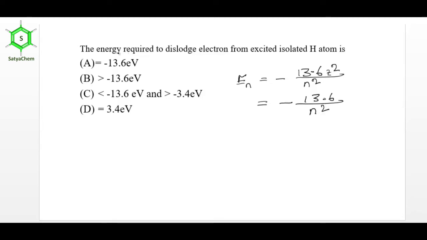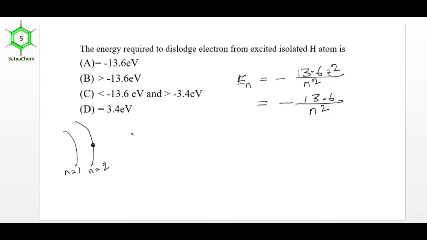Now we have to calculate the energy required to dislodge the electron from an excited isolated hydrogen atom. Excited isolated hydrogen means the electron resides in n equal to 2. When the electron resides in n equal to 1, then it is the ground state. But in the question it is mentioned excited isolated hydrogen atom, so the electron resides in the second Bohr orbit.